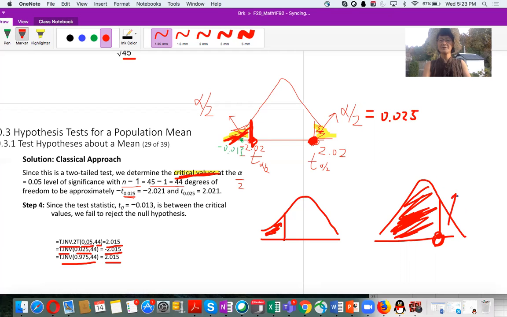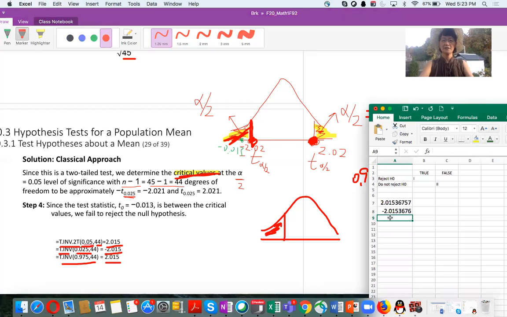So this little right tail is 0.025. And remember, the whole area on the bell-shaped curve is 1, so this area must be 0.975. So when you use Excel, you should use equal t.inv, 0.975, degree of freedom 44, and you get 2.02.